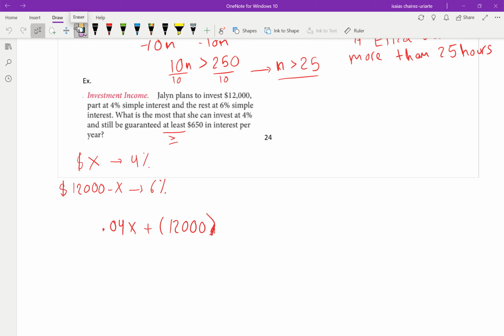I don't know what's going on here. It's usually not the case. So what I'm about to write here is 0.04x plus, and then 12,000 minus x, and then I'll close my parentheses. That's what I want to write down.